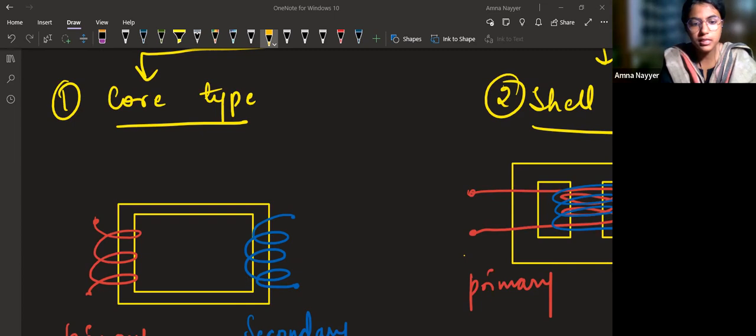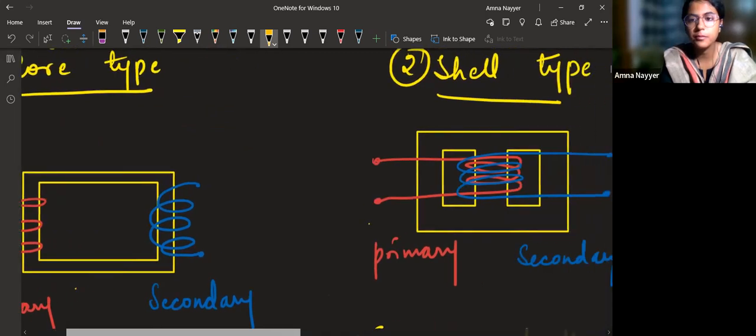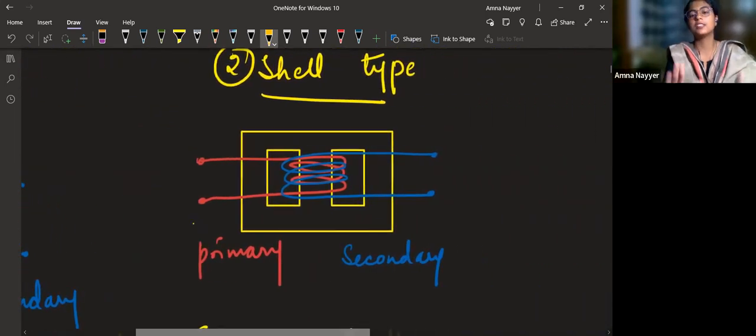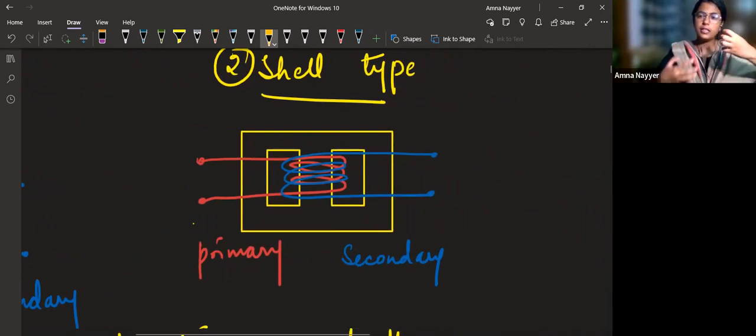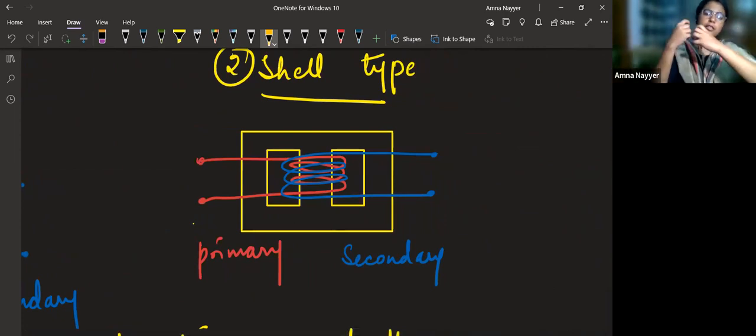But if you see this case, here, see, this is known as a shell type. In shell type, what happens? This is the primary coil, this is the secondary coil. Coils have their turnings.